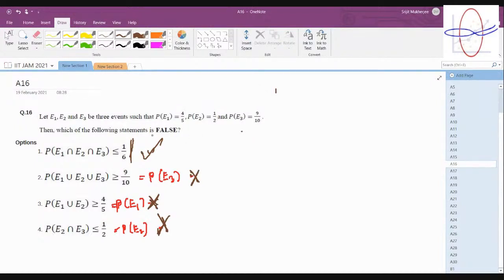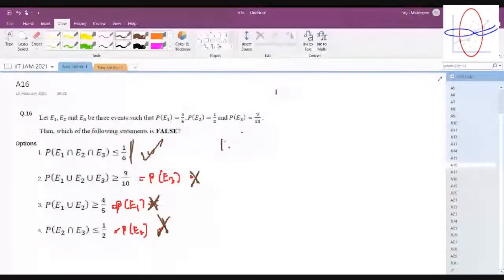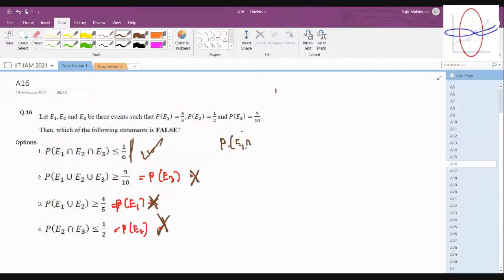But okay, we can think about it in the following aspect. You can use the principle of inclusion-exclusion, that probability of E1 intersection E2 intersection E3 is equal to probability of E1 plus E2 plus E3 minus the individual intersections, and plus those, and I think you can get information from there.